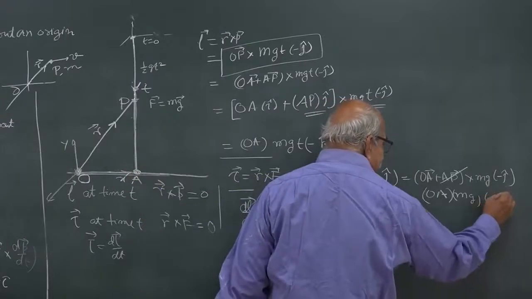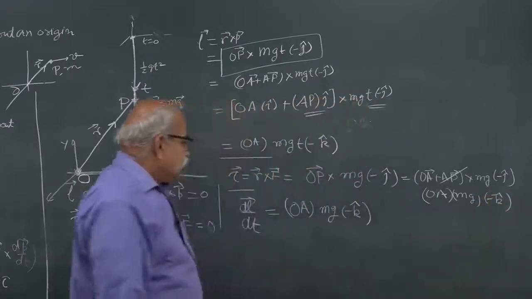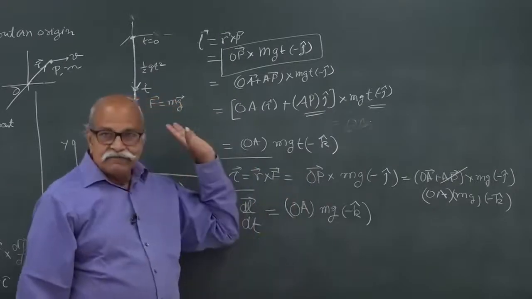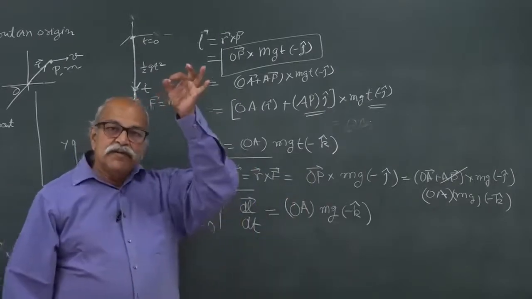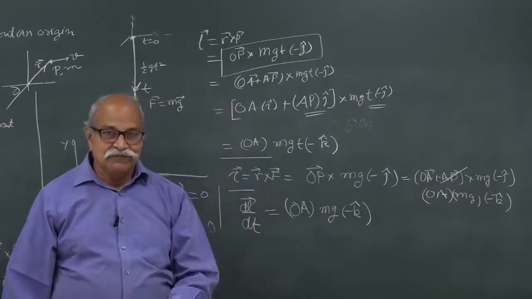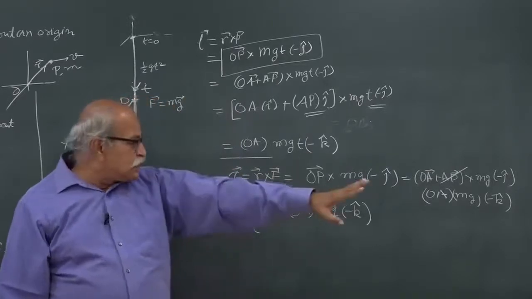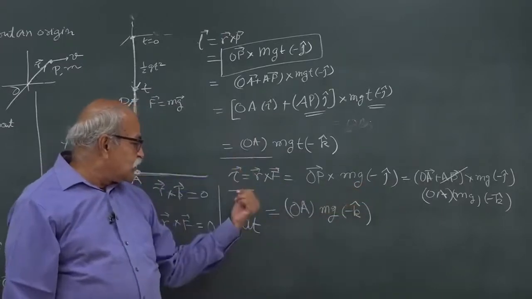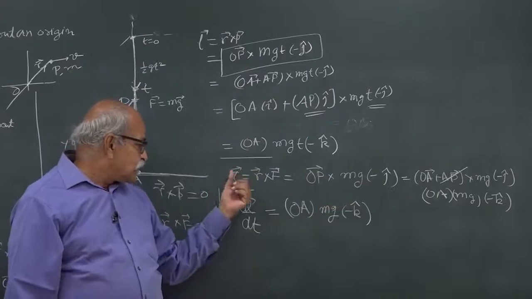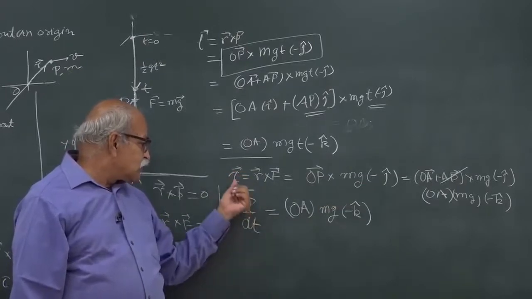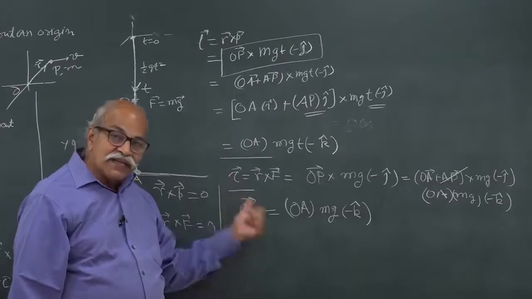So, minus k cap, simple. Torque is same as this dL/dt. So, even for a particle which is falling vertically under gravity, if the origin is chosen in a certain way, you do have angular momentum, you do have torque, and then the rate of change of angular momentum is equal to torque, that equation is valid.